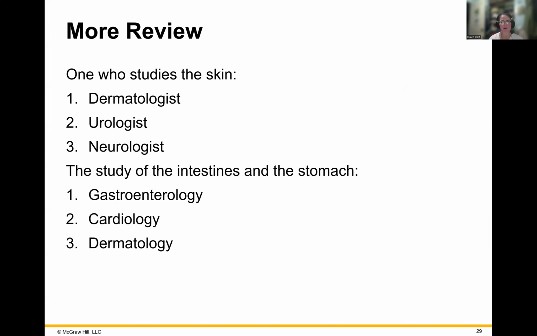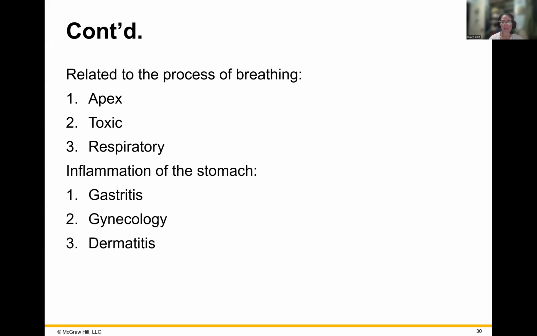We actually already did that one earlier, so you should be able to get that one. A couple more. Which definition is related to the process of breathing? Second question, which definition defines the inflammation of the stomach? And I already shared with you the root word of what stomach is, so you should be able to get this one fairly easily.